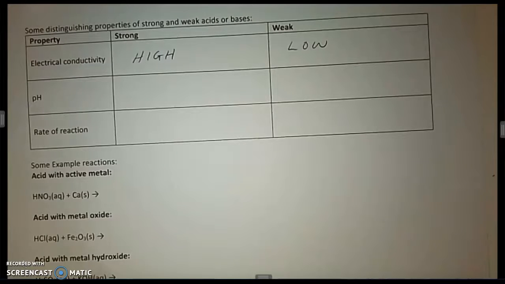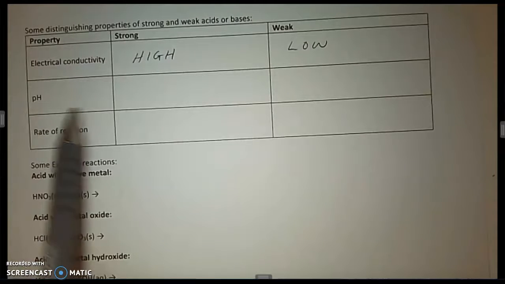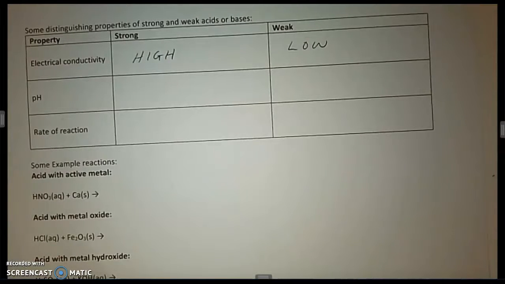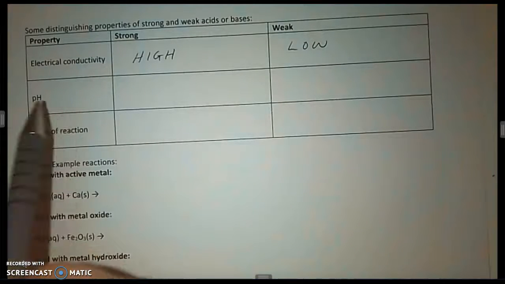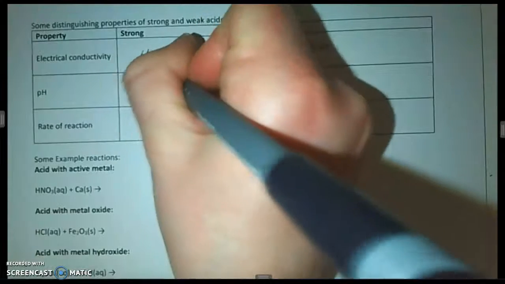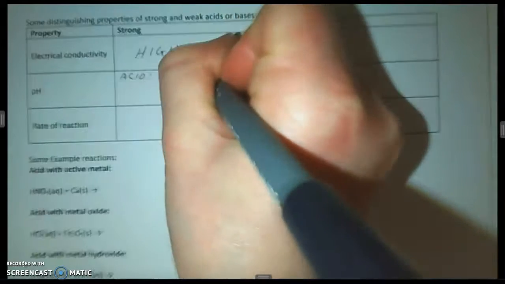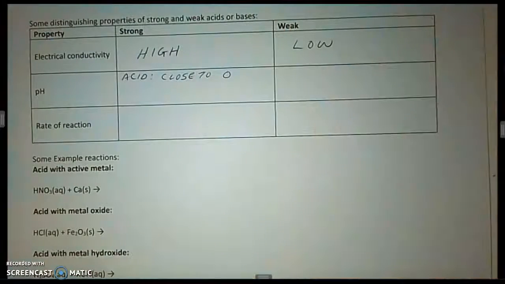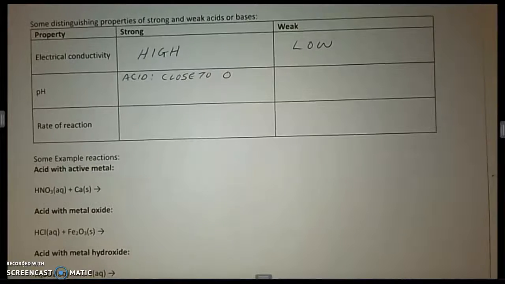So this one, pH, is actually going to differ a little bit depending on if you have an acid or a base. If you have a strong acid, your pH is going to be close to 0. If you have a really strong acid, you might even have a negative pH, like a very high concentration of a strong acid.